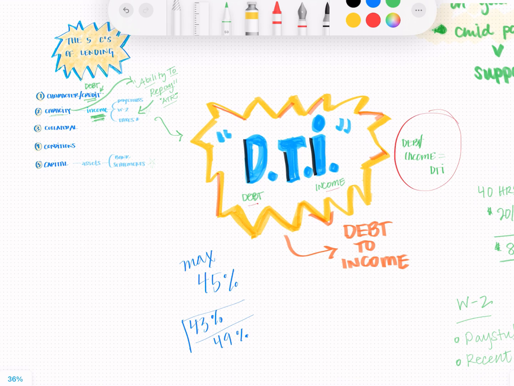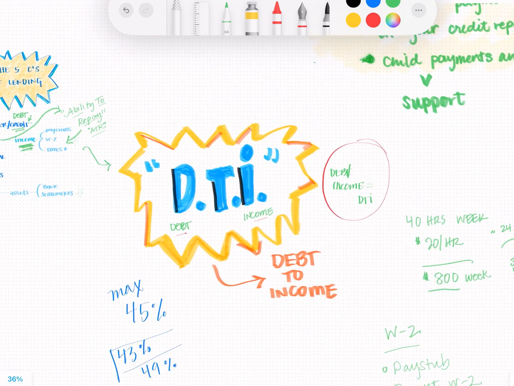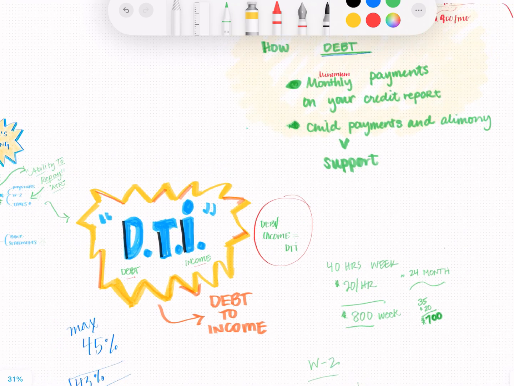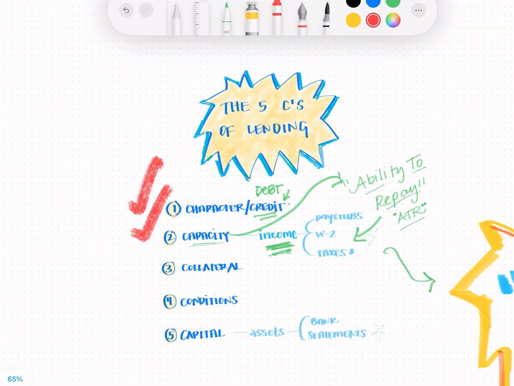Typically, the max is around 45%, and it's your total monthly debts divided by your total monthly income. The lower, the better. And this ties back into your ability to repay, which is a key concept in understanding mortgage lending. The lender is required to document that you have the ability to repay the loan, so they are required to thoroughly examine your credit and income as a part of their loan process.